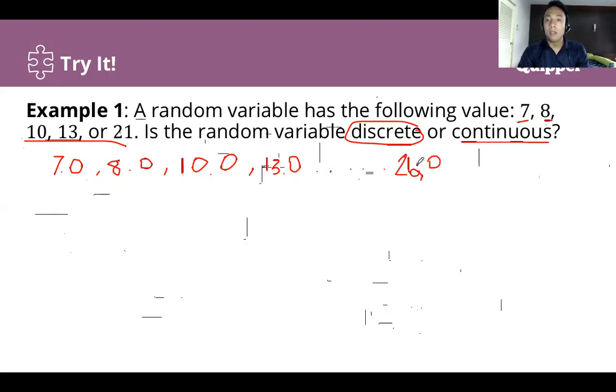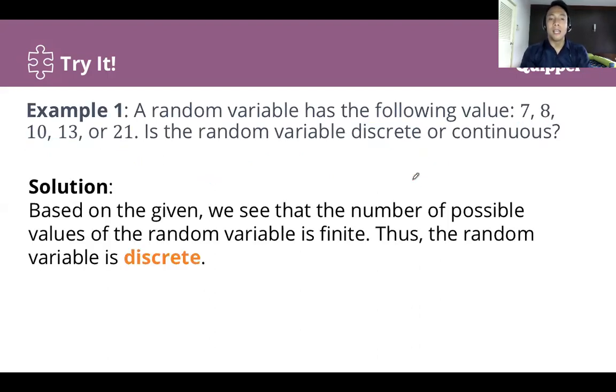No, still, it's discrete, because of one of the laws in mathematics, 0.0 is automatically a whole number. Okay? So, kasalan natin siyang ganyan. So, we have still a set of exact numbers, or countable numbers. So, number 1 is an example of a discrete.